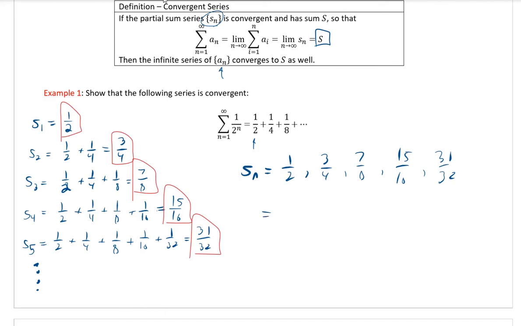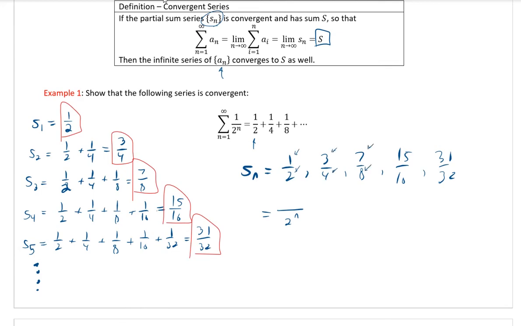If I look at the denominator, this is still 2 to some power. But on top, what I'm seeing is 1, 3, 7, 15. It's basically that power, but I'm taking 1 away from it. Instead of a full 2, I have 1. Instead of a full 4, I have 3. Instead of a full 8, I have 7.